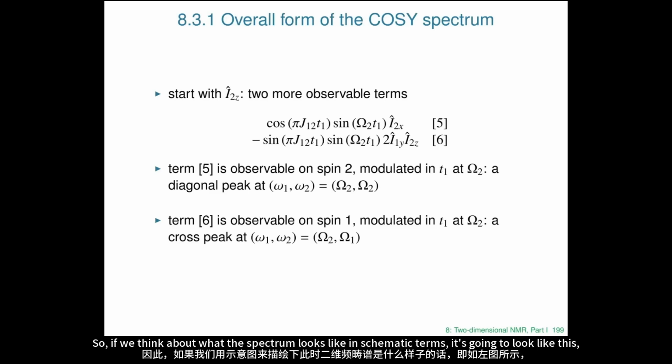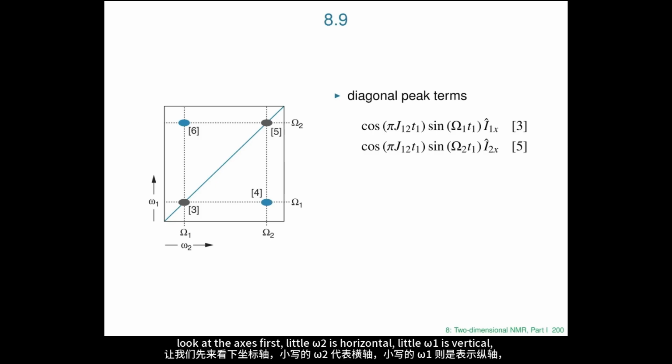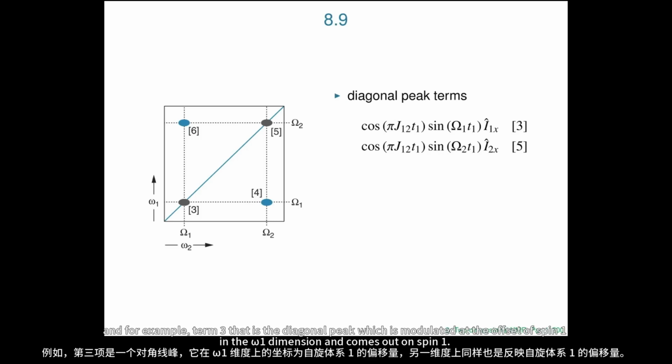So if we think about what the spectrum looks like in schematic terms, it's going to look like this. Look at the axes first. Little omega 2 is horizontal, little omega 1 is vertical. And for example, term 3, that is the diagonal peak which is modulated at the offset of spin 1 in the little omega 1 dimension and comes out on spin 1.